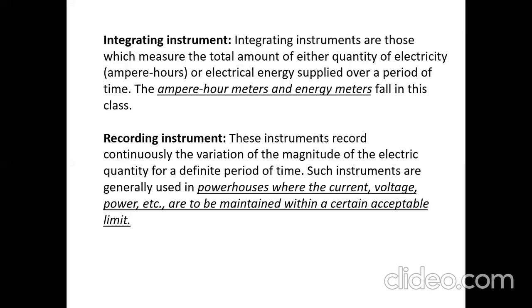Such instruments are generally used in powerhouses where current, voltage, power, etc. are to be maintained within a certain acceptable limit. This instrument is used in the control panel of your MACB, power station, and transmission substation; in all of these, this recording instrument is used.